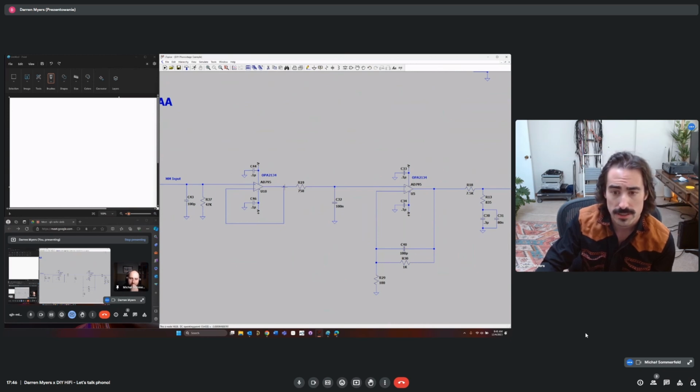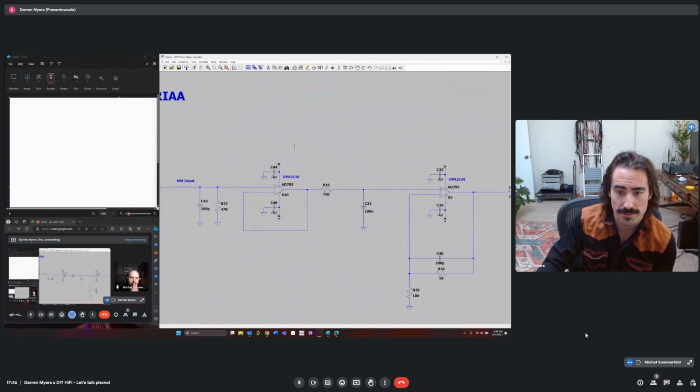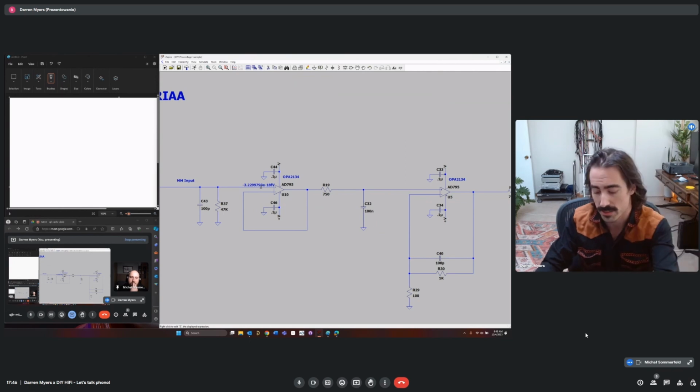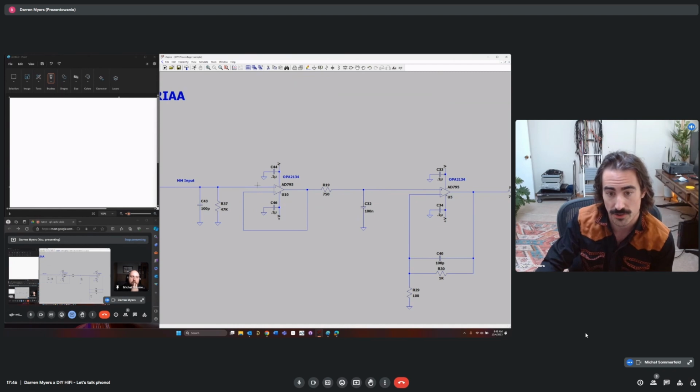So the noise is actually being dominated by R19. The noise is because we're putting gain after this series impedance here. And so adding two buffers in parallel would only reduce the voltage noise of the noise overall that's being created on the input of this amplifier.